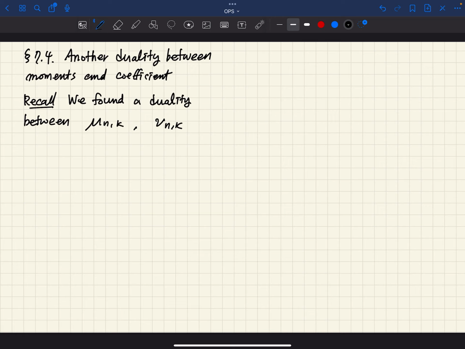As matrices, they are inverses of each other. And today we will find another duality, not between mixed moments, but just moments and coefficients. Okay.